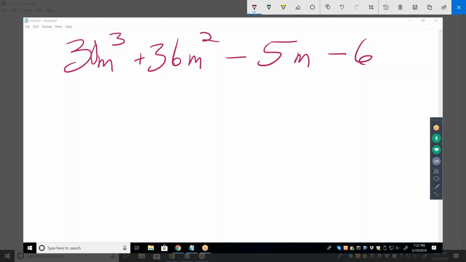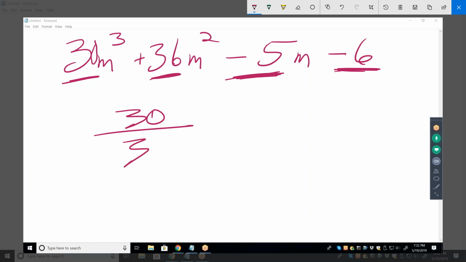The reason I knew it is because grouping only works if the ratio of that coefficient to that coefficient is identical to the ratio of that coefficient to that coefficient. So we would have 30 over 36 has to be equal to minus 5 over minus 6, is it?